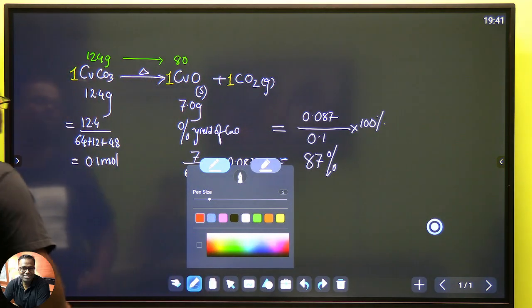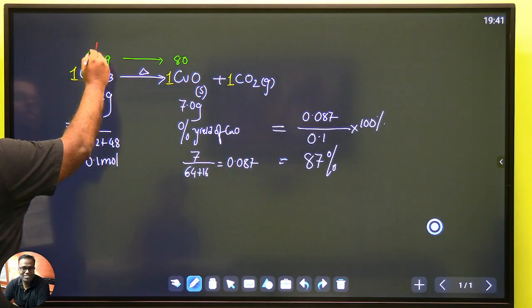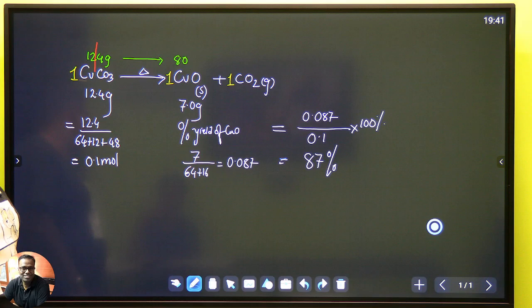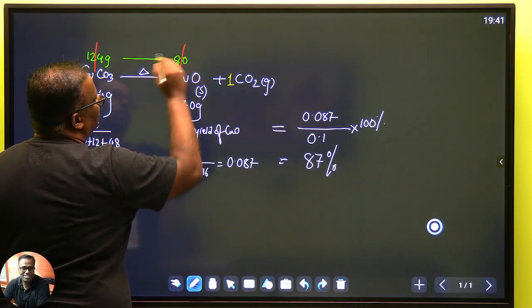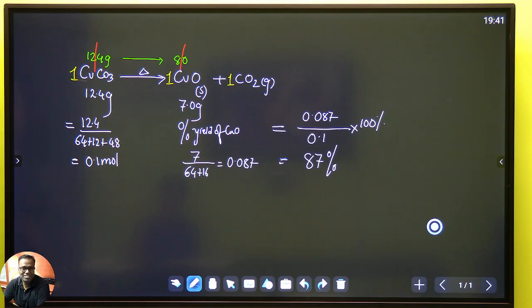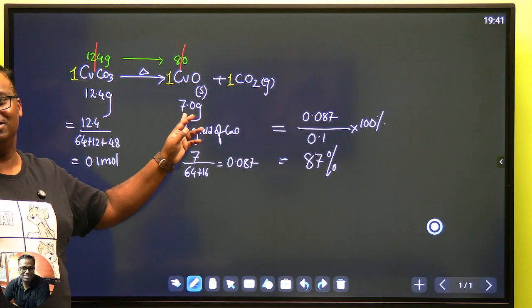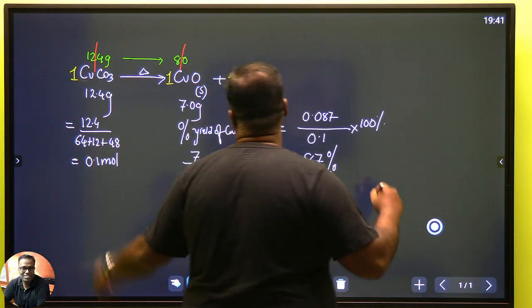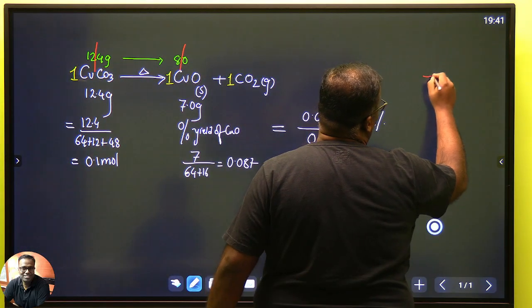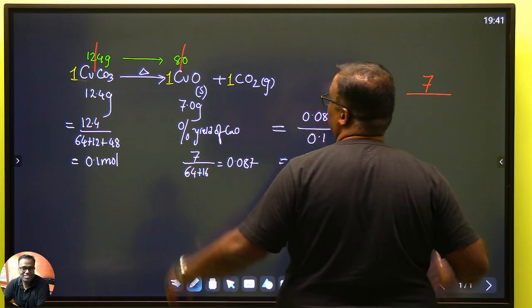But in our case, how much did you bring? 12.4, divided by 10. So how much copper oxide should we have got? We should have got 8. How much did we get? 7. So if you do this, how much did you score? You got 7. You should have got 8.